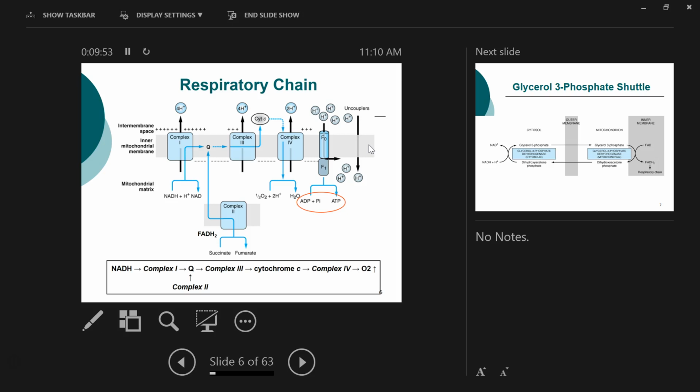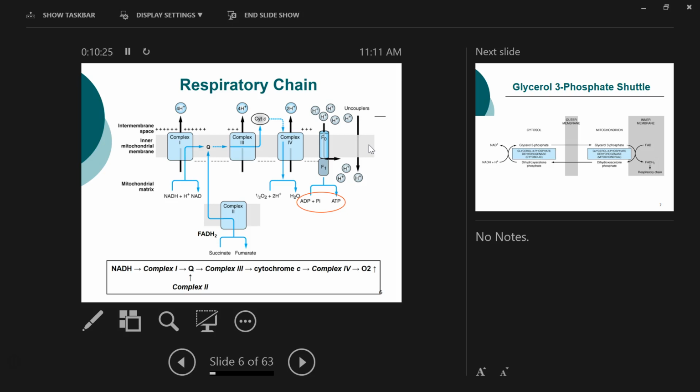As I mentioned, the proton gradient generated at each complex has enough energy for 1 ATP synthesis. So that's why NADH transporting electrons through complexes 1, 3, and 4 is able to generate 3 ATP.